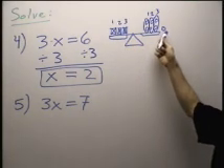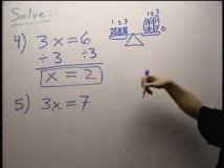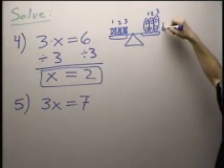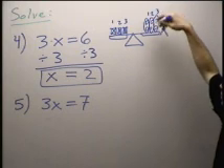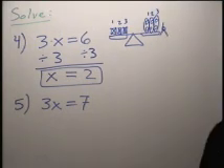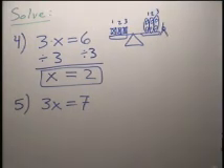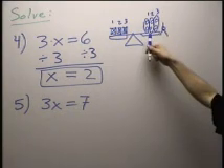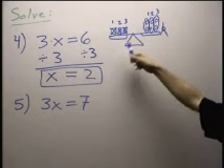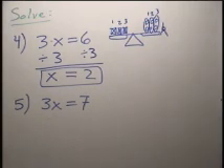So in order for each box to have the same amount in it, we've got to split this into 3 parts and put one of those parts in each box. Okay, so each of those parts is 1/3. So the answer for how many are in each box should be 2 and 1/3.